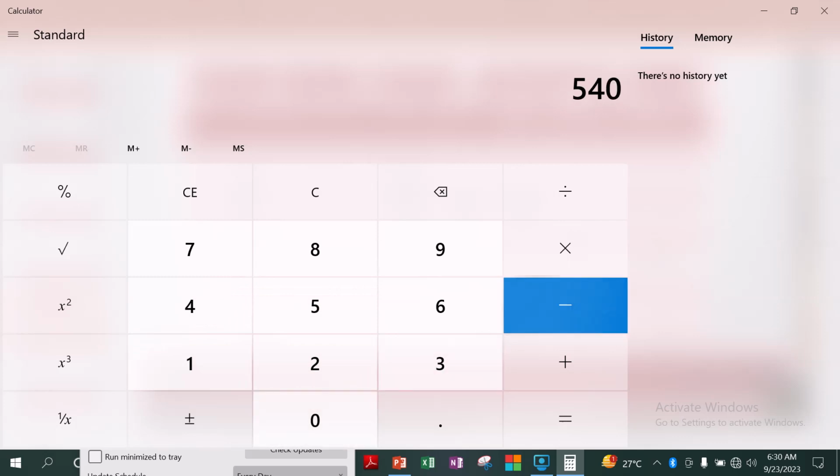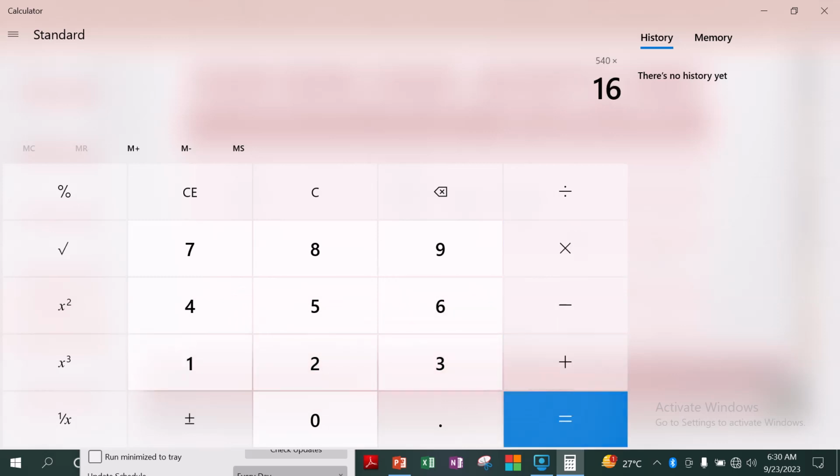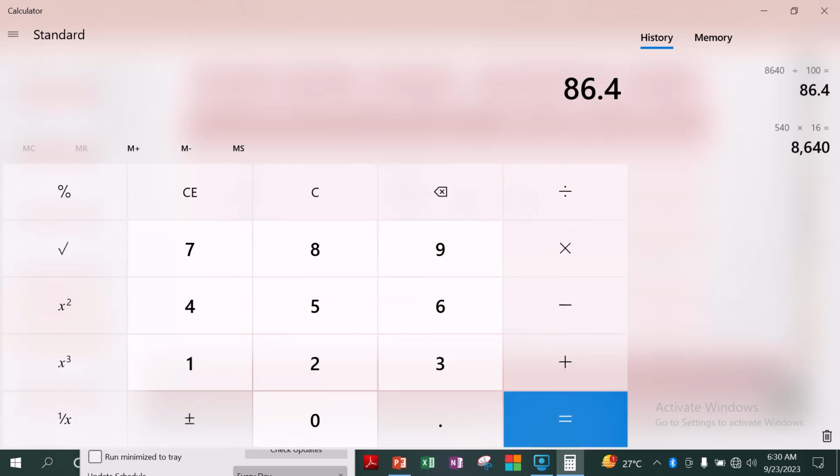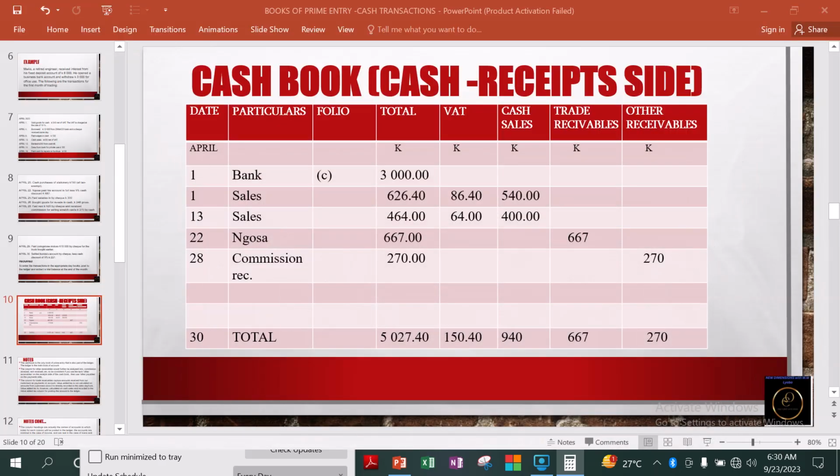You multiply by 16. Then divide by 100. So that will give us the 86 kwacha 40 ngwee that you see there. So that's how we arrive at the 86 kwacha 40 ngwee.